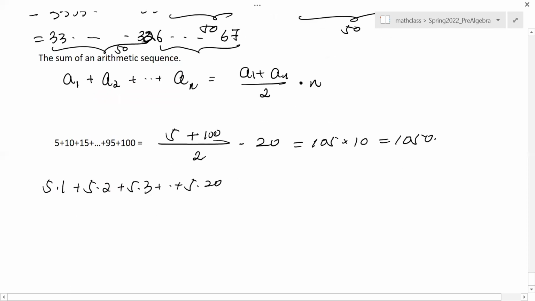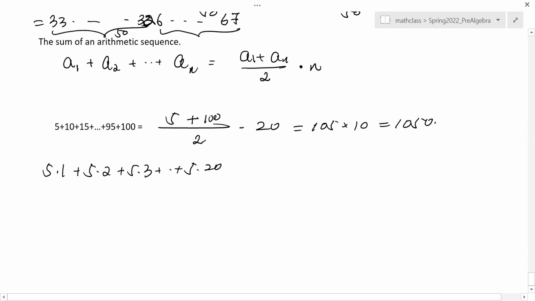Okay, so now let's prove the theorem, because when we use this, we have to give a proof. Okay, proof. You let S be A1, A2, A3, all the way to AN, right? Then you reverse the order.